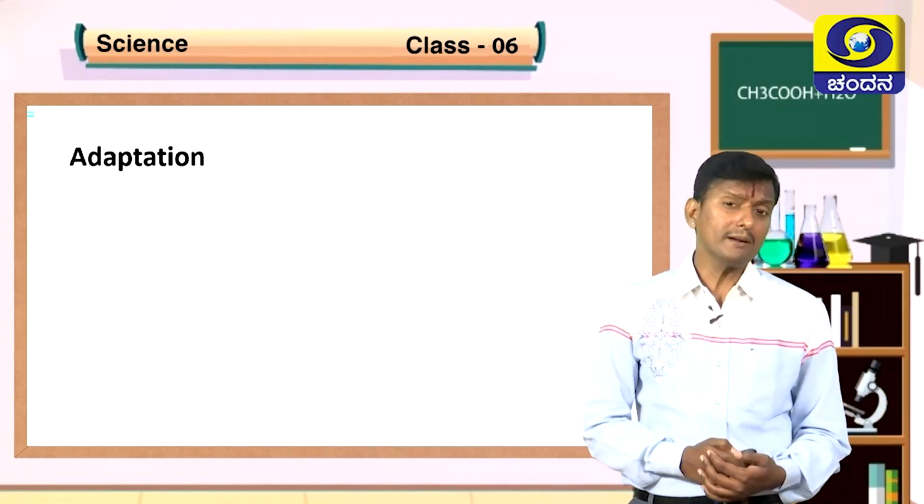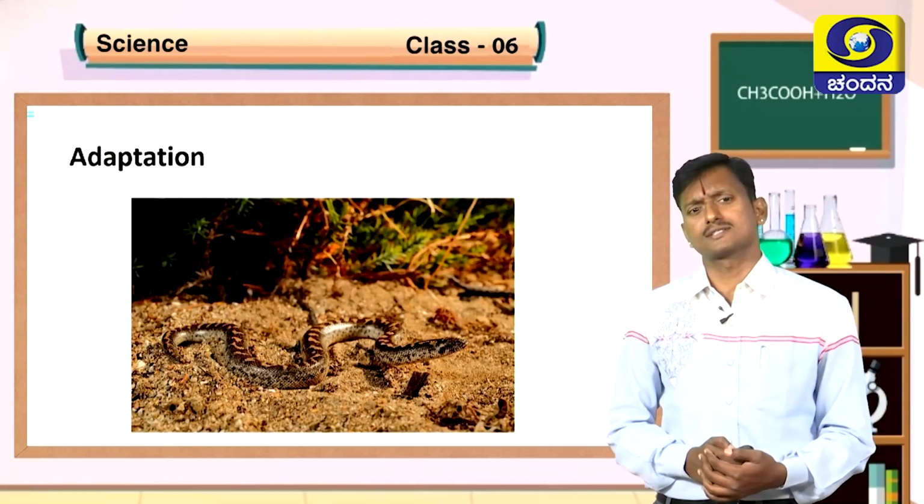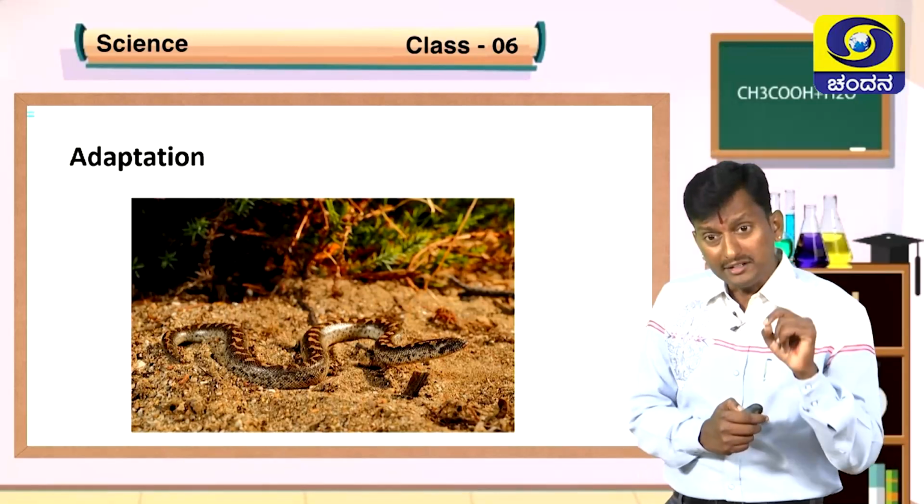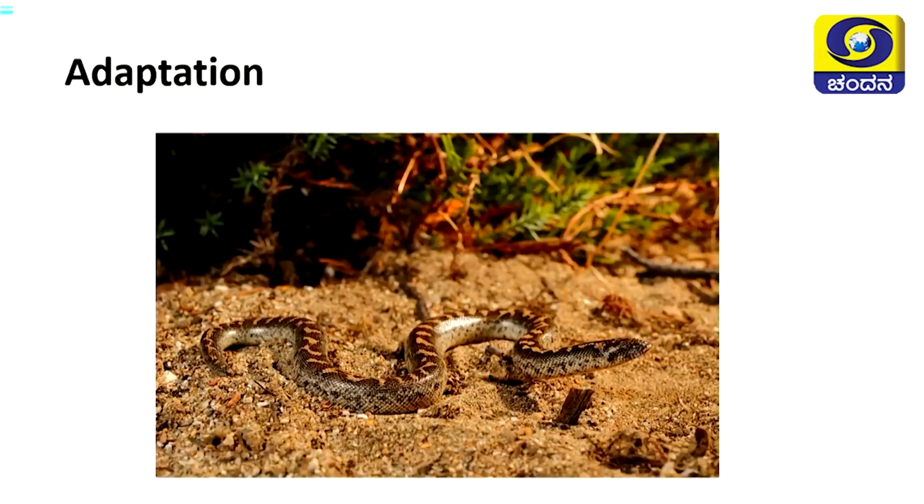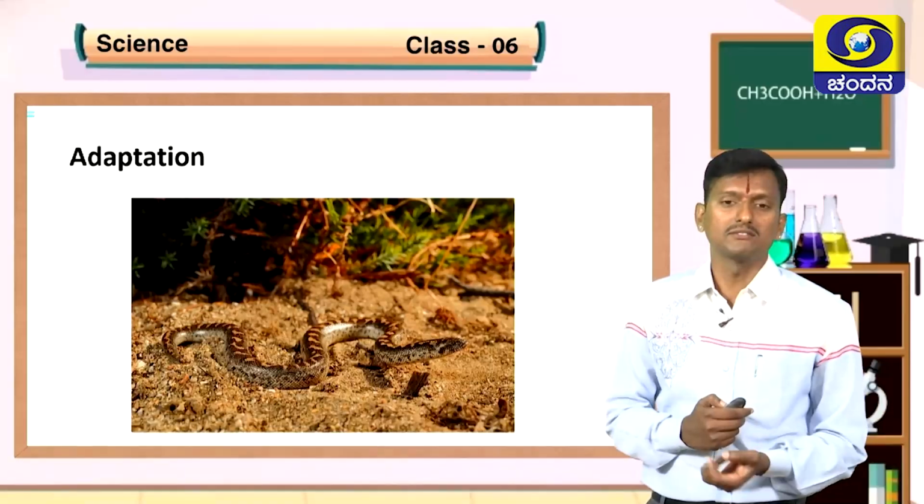Next, adaptation. What is this? See, can you identify suddenly a snake on sand? It's difficult, no? This is one of the tricks used by animals in order to survive where they live.